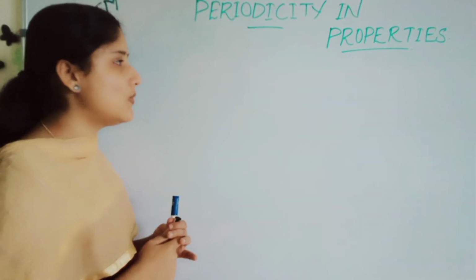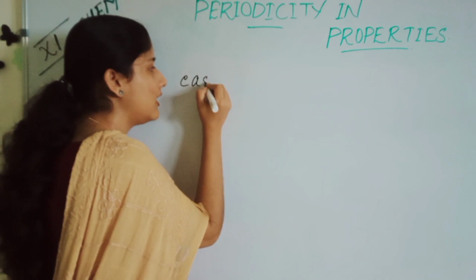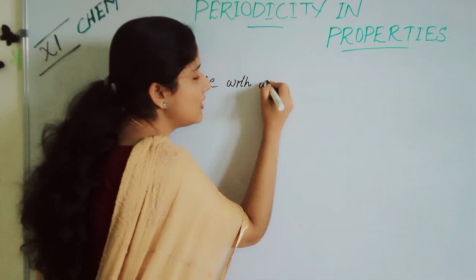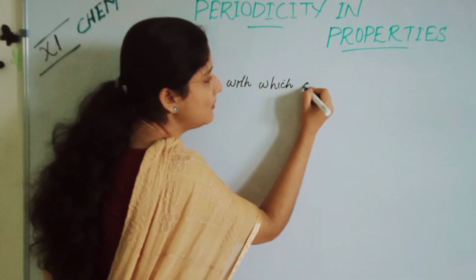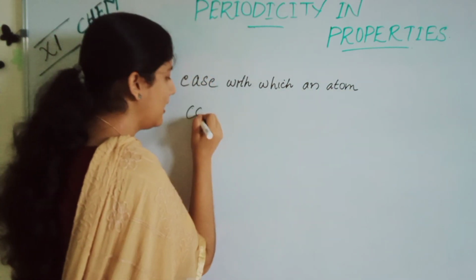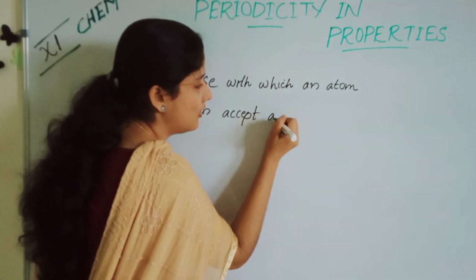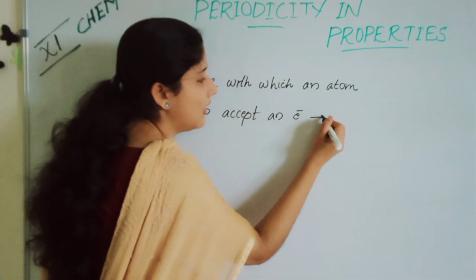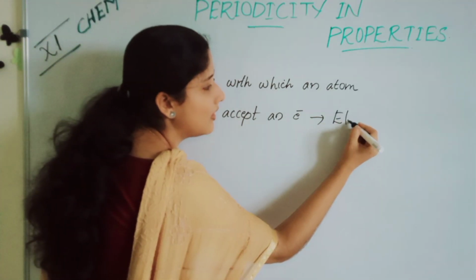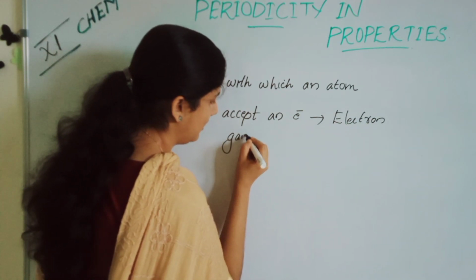Students, the ease with which an atom can accept an electron is known as electron gain enthalpy.